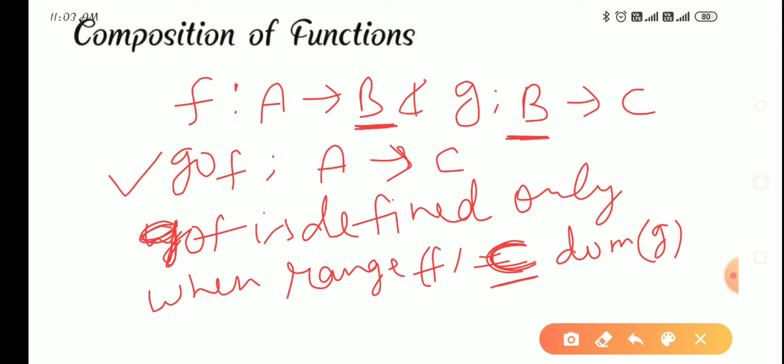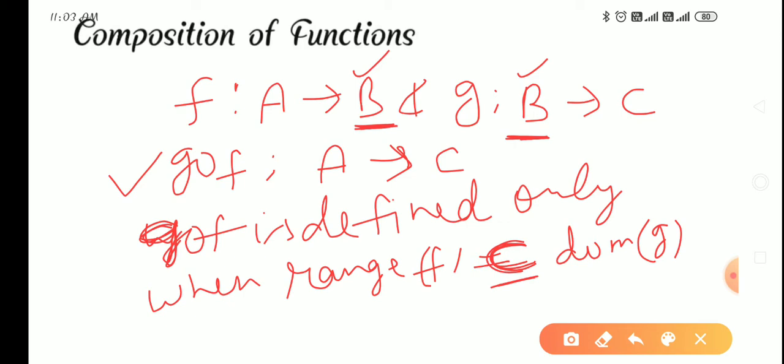You have to keep in the mind, range of f is B and domain of g is B. So range is the subset of domain or not? Yes, range is the subset of domain.